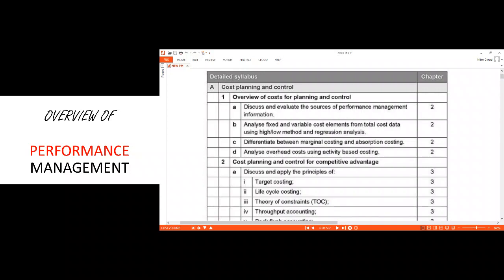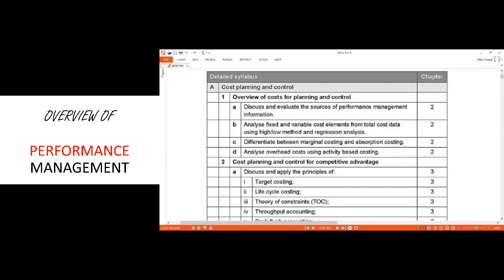So the A part will be looking at planning and control of cost.